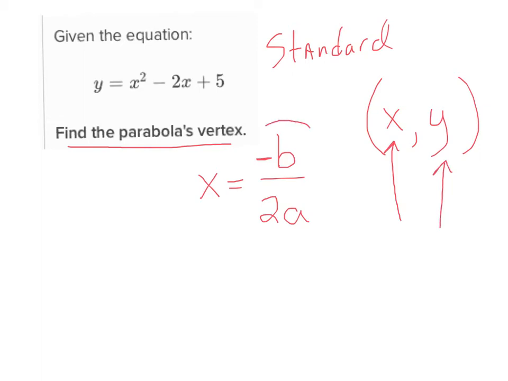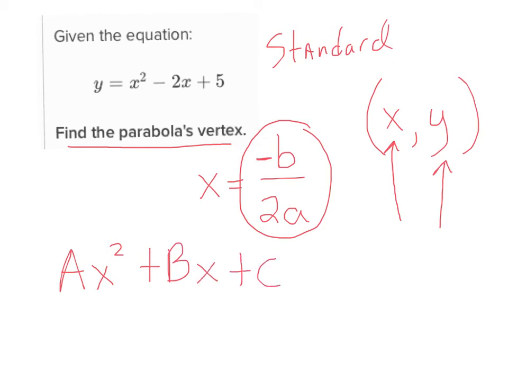Well, to find x, use this formula, negative b over 2a. Now remember, standard polynomial form is ax squared plus bx plus c. The number in front of x squared is the a, the number in front of x is the b, and the number out here by itself is c.